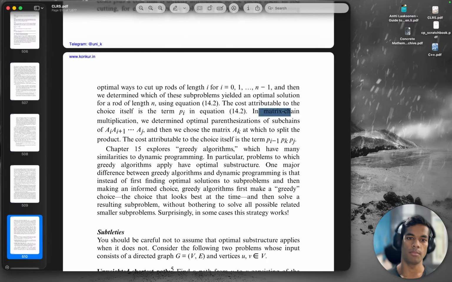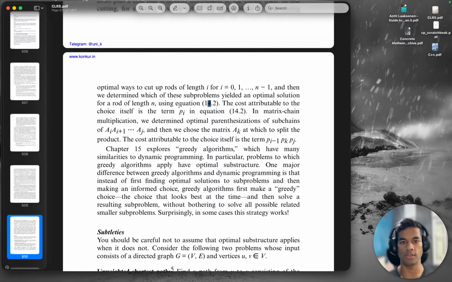In matrix chain multiplication, we determine optimal parenthesization of subchains. The cost attributable to the choice itself is the term pi. Okay, that makes sense.